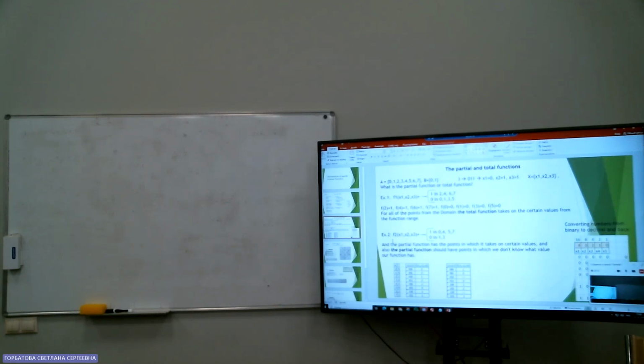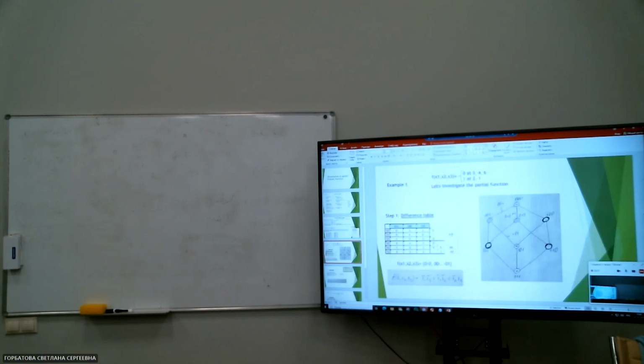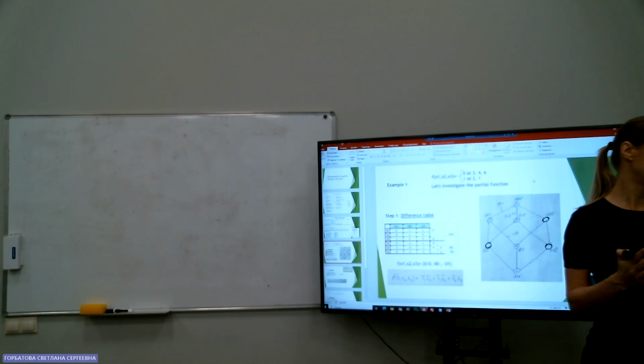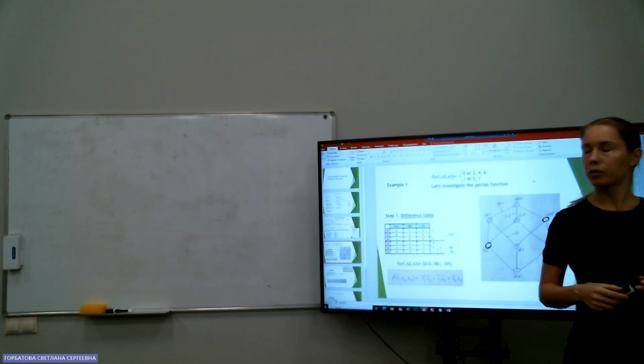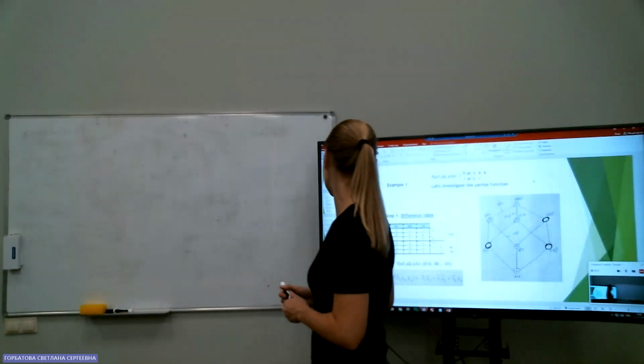And you can see x1, example 1, total Boolean function, example 2, partial. So here is the example, and algorithm of minimization, partial Boolean function.